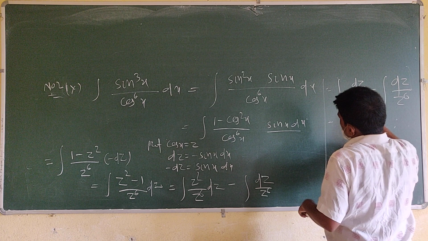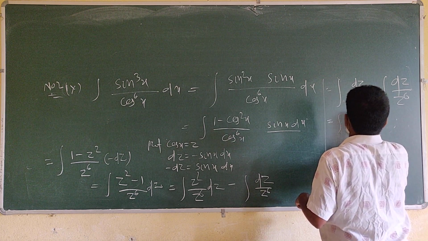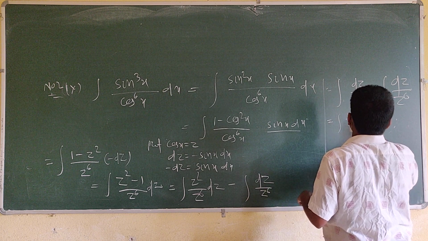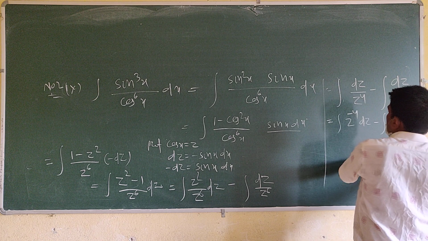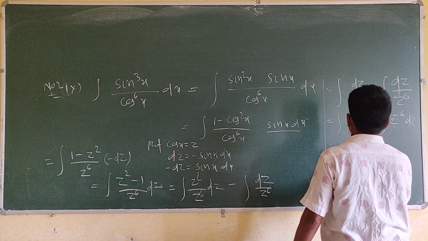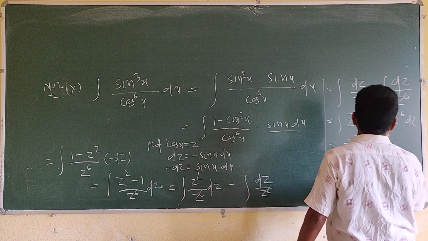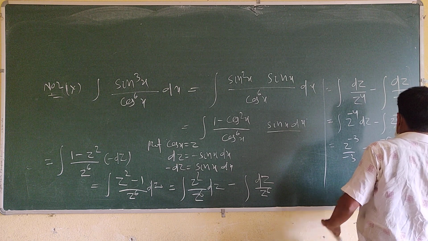We look, z4 is below, when it goes upwards it becomes a negative power: z to the minus 4 dz minus z to the power minus 6 dz. Integration of z to the minus 4 is z to the minus 3 by minus 3, minus z to the power minus 5 by minus 5, plus c.